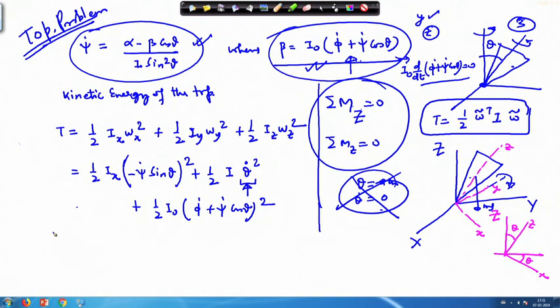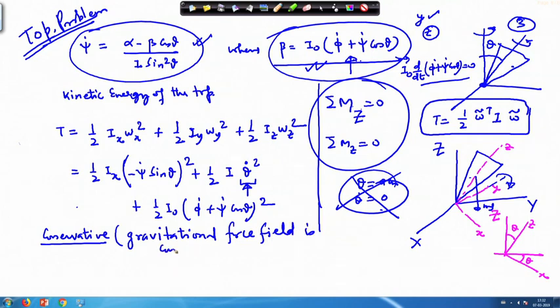This is a conservative system because the gravitational force field is conservative. Therefore, T plus V, the total energy, will remain constant.